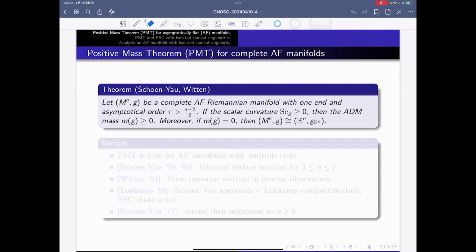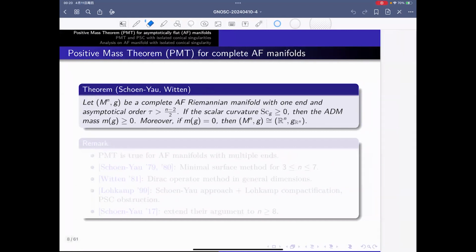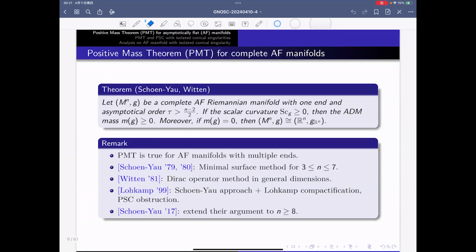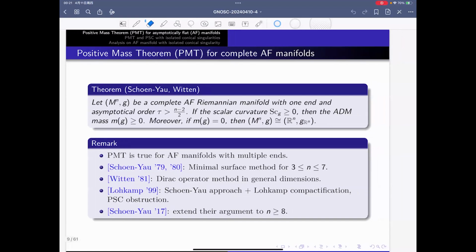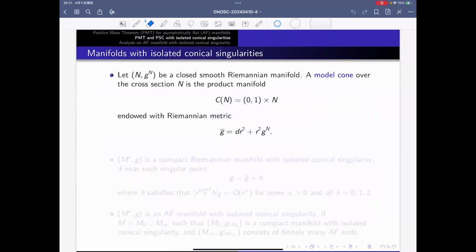And here are some remarks for the proofs, but since I think Professor Dai has explained this actually in some detail, let's just go on. Now we move on to the singular manifold we work on.